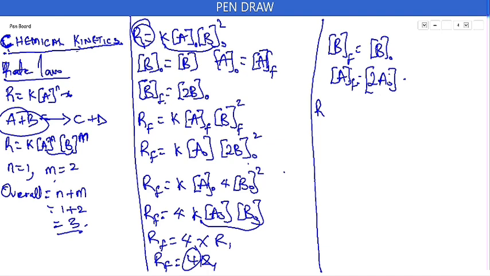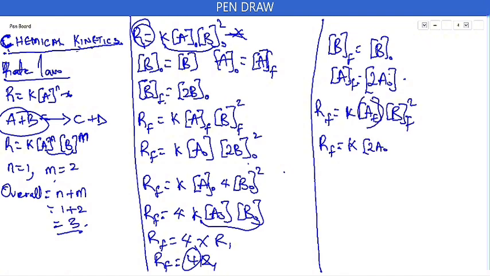Now don't forget that my RF will be equal to K AF, and then BF raised to power 2. So my RF will be equal to K, and my AF, since we increase it by a factor of 2, will be 2A naught, and my BF is the same as B naught, so it is B naught squared.